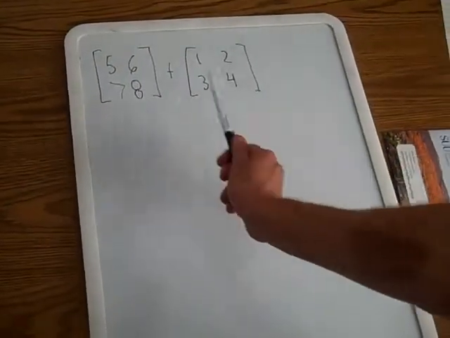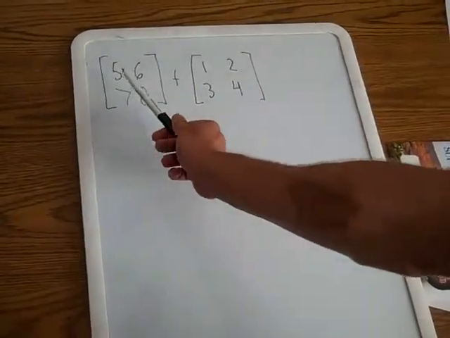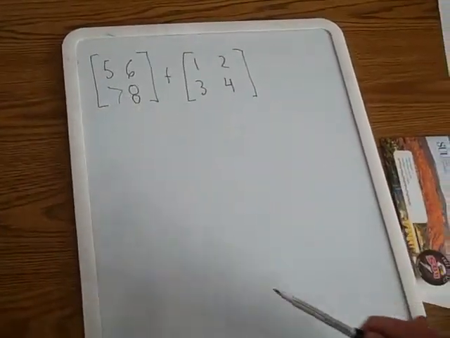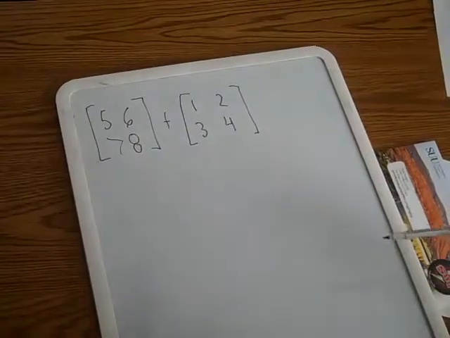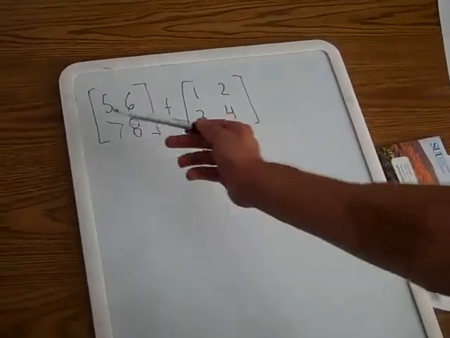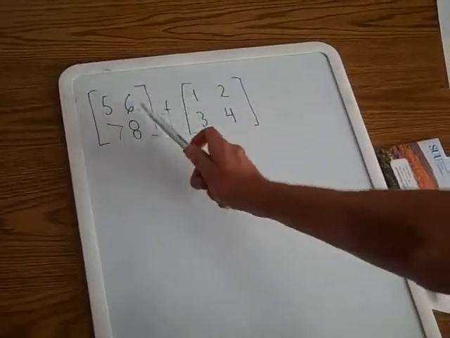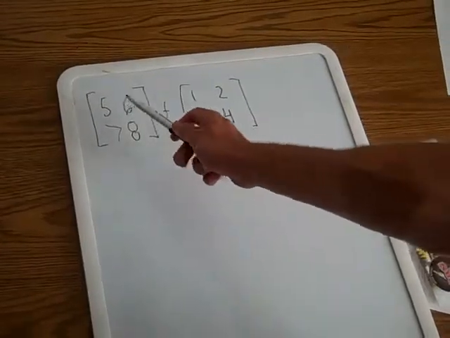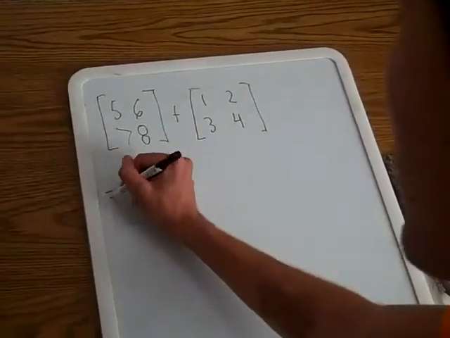So these right here are 2 matrices. Each matrices has 4 positions as shown. This is a 2 by 2. And in order to add these, you add up the numbers that are in the same position. For example, this 5 and the 1, because they're both in the top left corner. So what you do is you go like this.